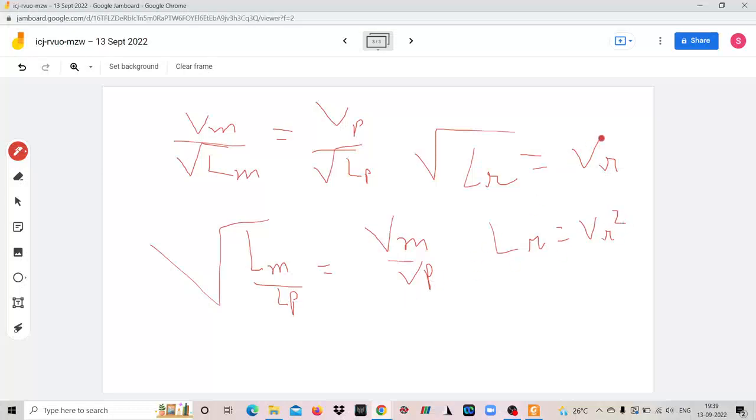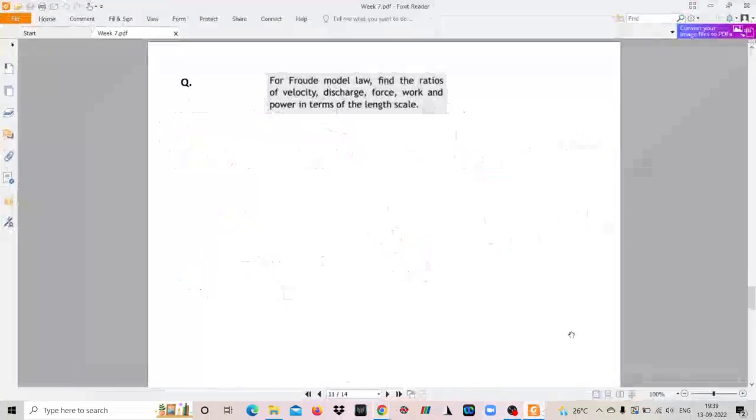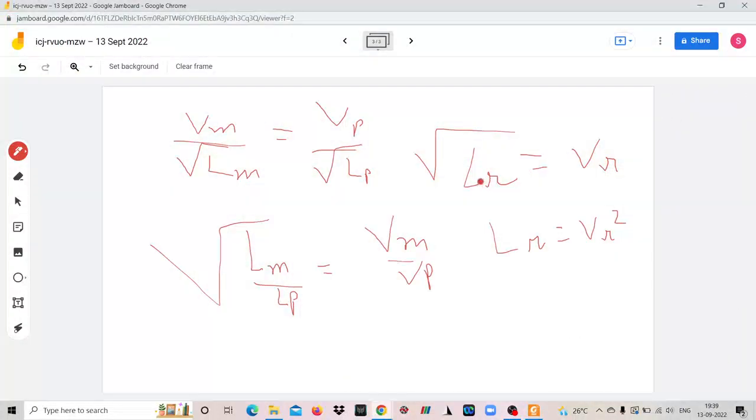This one we have already seen. So the velocity ratio Vr is equal to square root of Lr, or Lr to the power of half.